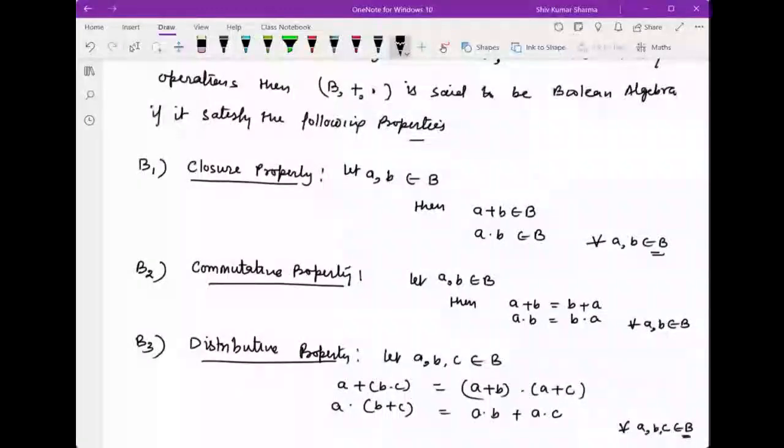When we do the questions, we understand these, that is B1, B2, B3, by using B1, by using B2, by using B3. Remember these.